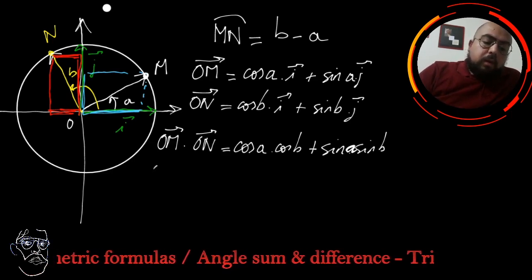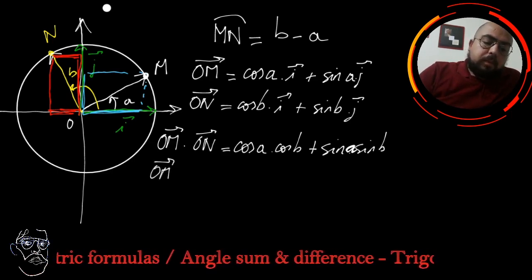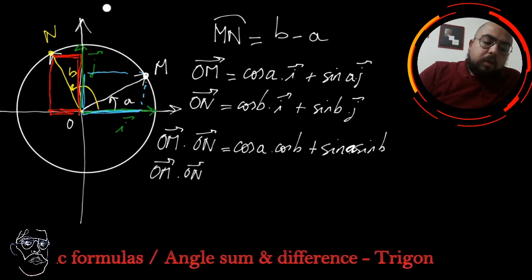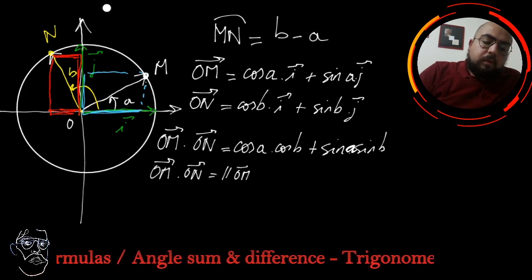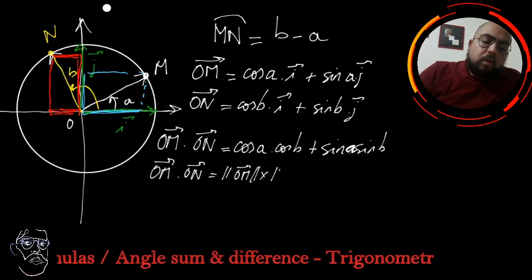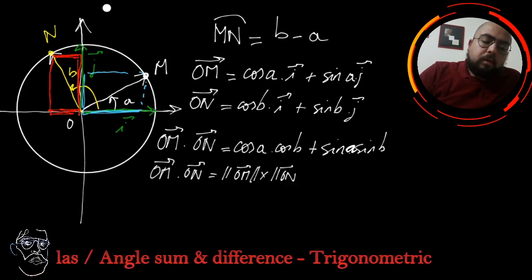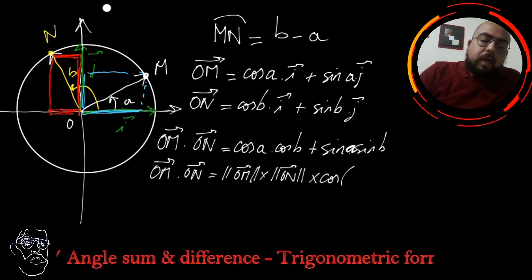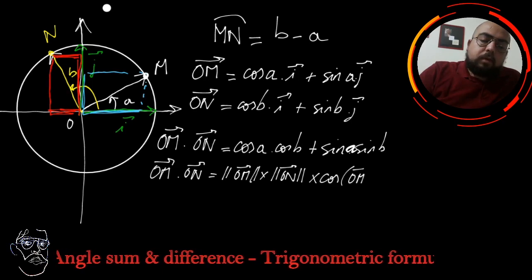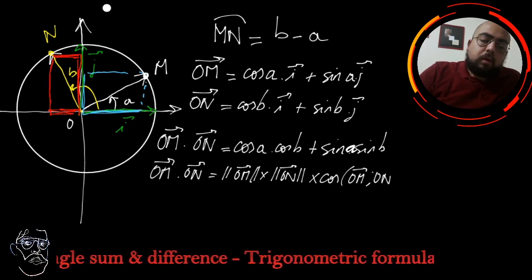In another way, OM scalar ON is actually OM in values times ON in values times cosine of the angle formed between the vector OM and the vector ON.